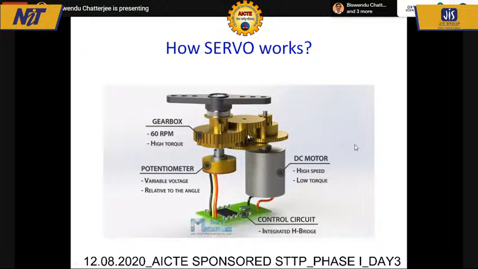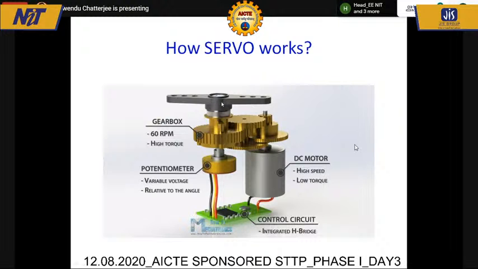If you see what is inside it, a motor and a gearbox arrangement is there so that the servo can produce high torque. This motor is high speed low torque, whereas due to gear reduction it becomes low speed high torque. Speed of the servo is not the matter.